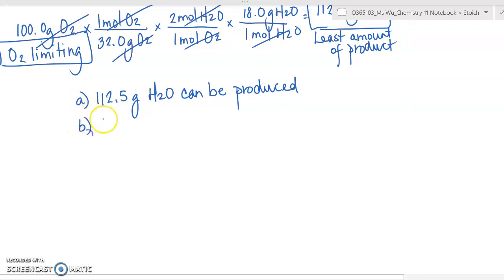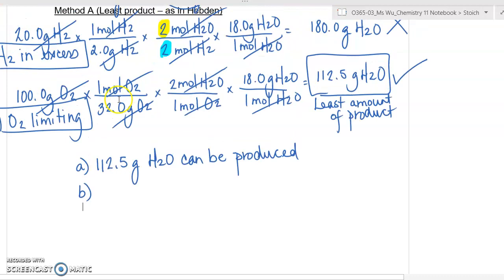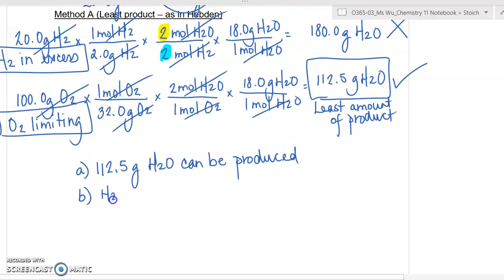All right, B. So we have already determined that hydrogen is in excess, but how much is left over?